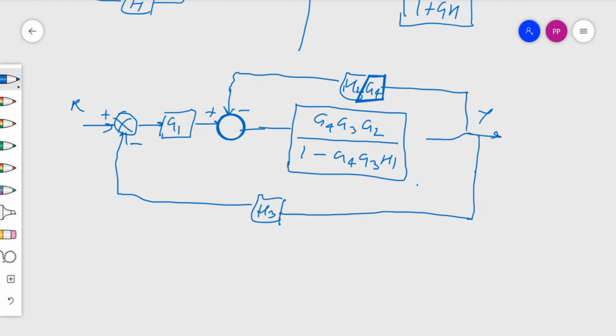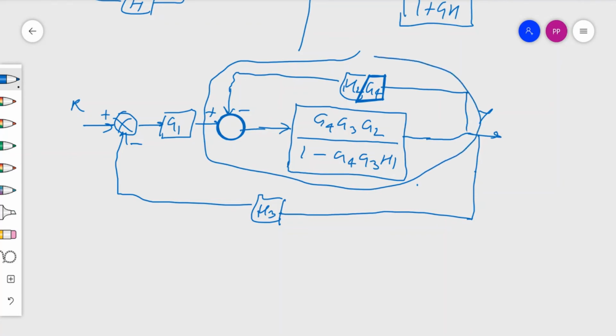So you can say that this is the equivalent. Again, this complete thing is a negative feedback system. Therefore, we can find out an equivalent of this block. So we have to find out the equivalent of this block.